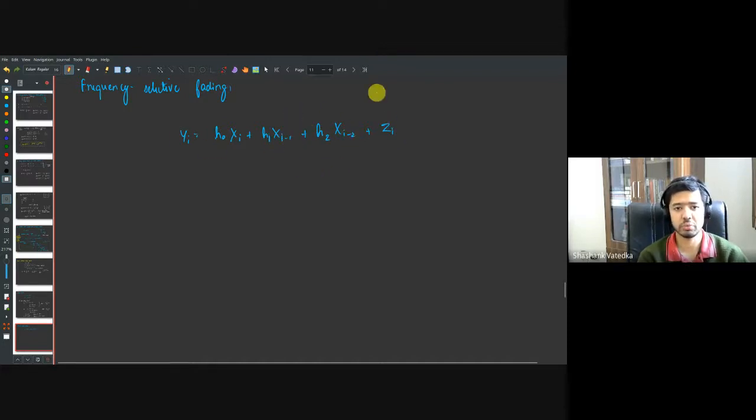So here's an example of a simple channel. It's called a frequency selective fading channel. At a time instant i, y_i is equal to h_0 x_i plus h_1 x_{i-1} plus h_2 x_{i-2} plus z_i, where z_i is some IID noise. So this is not a discrete memoryless channel. This has memory.